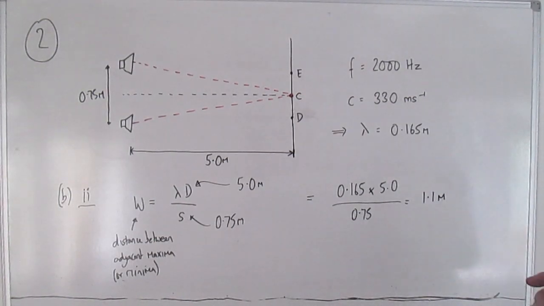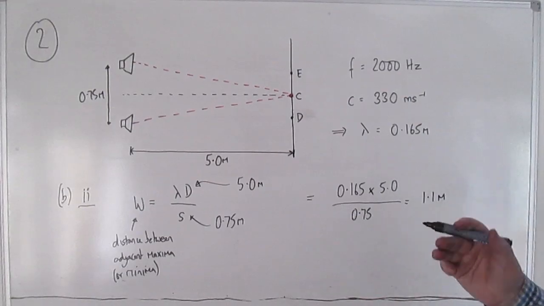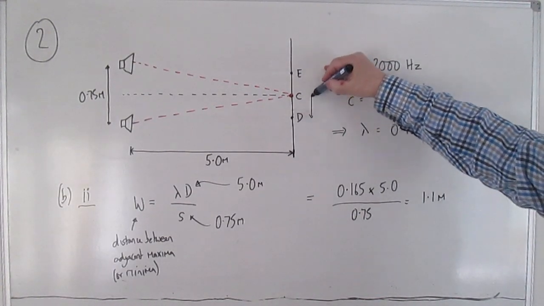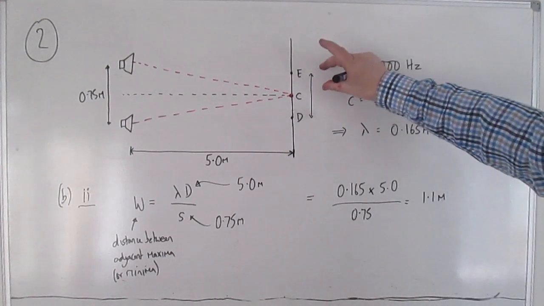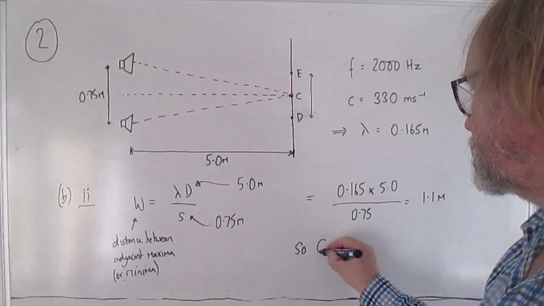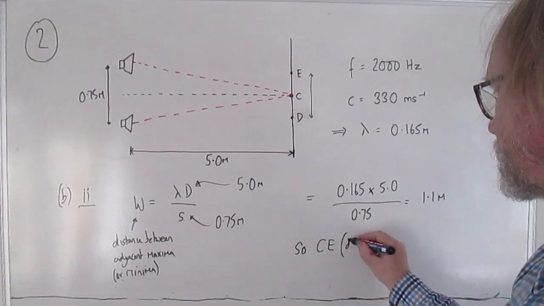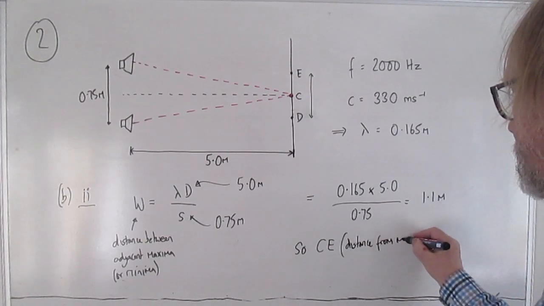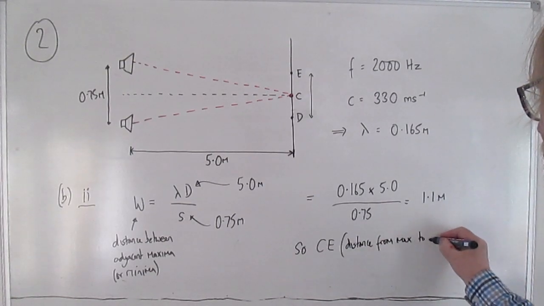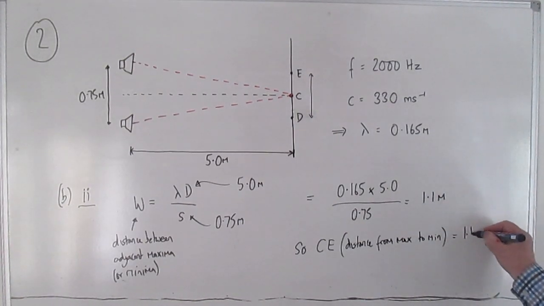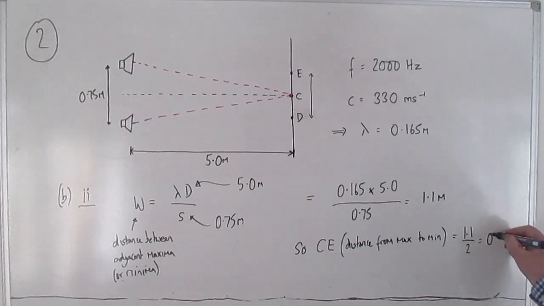However, that's not the answer to the question, because that's the distance between adjacent maxima or adjacent minima. In other words, CE is therefore only half of that distance. So CE, which is the distance from maximum to minimum, will be equal to 1.1 over 2, so just half of that distance, which is 0.55 meters.